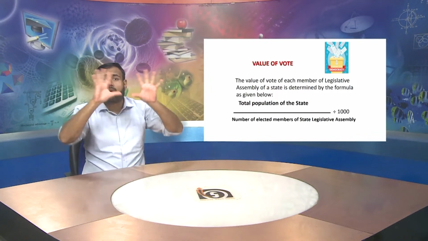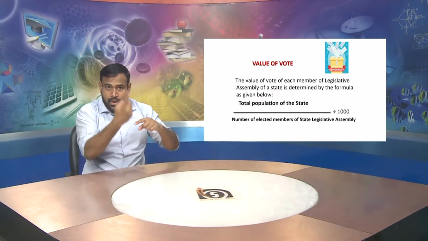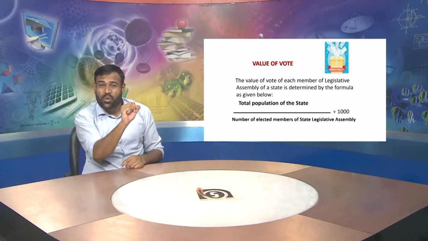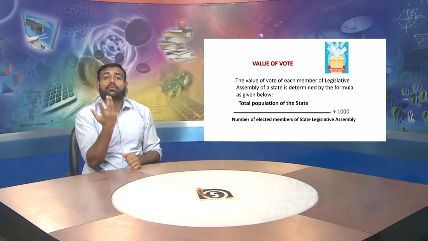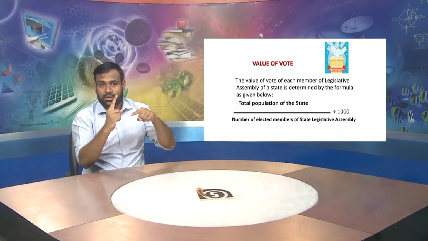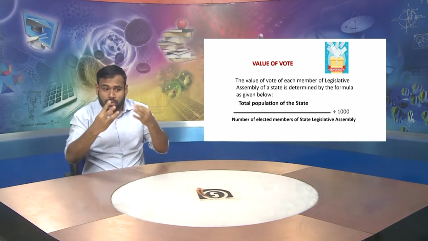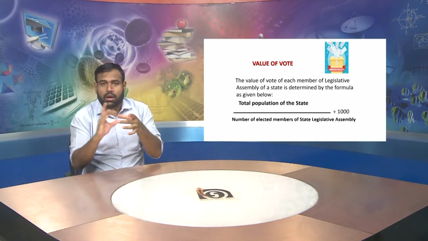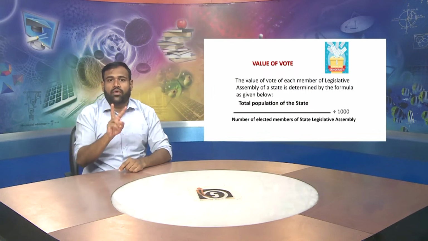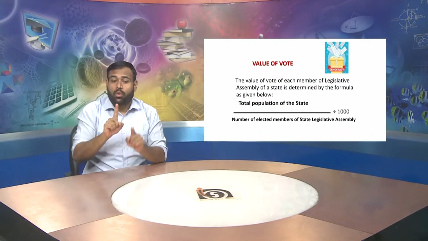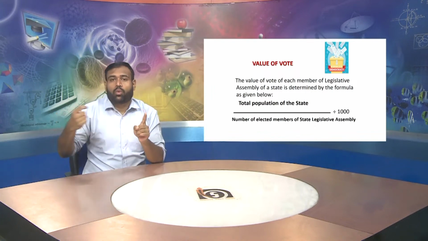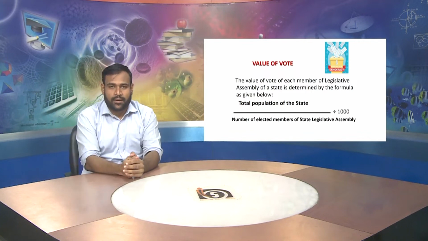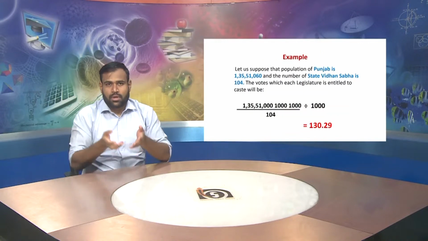So using this formula, we calculate the total value of vote of any state. For this we need to have total population of the state divided by the number of elected members of state legislative assembly, and that complete divided by 1000.